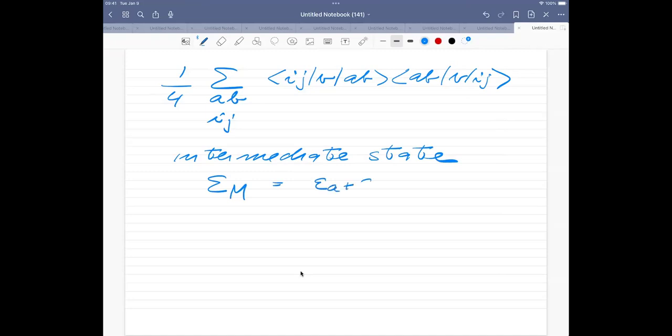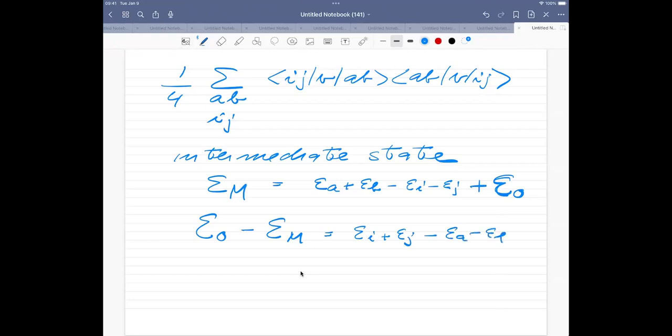We have two particle states, and we are taking away the hole states, plus epsilon 0. This is an uppercase epsilon. The smaller epsilons are the single particle energies, and the uppercase letters are the sum of the single particle energies. The denominator has epsilon 0 minus epsilon m, which then translates simply into epsilon i plus epsilon j minus epsilon a minus epsilon b.